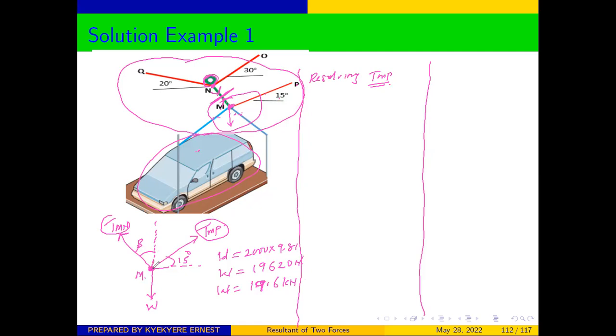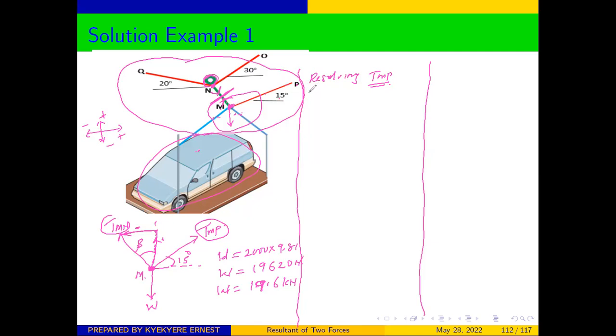Therefore, we are going to move up on Y like this, and if we are moving up, we say that it's positive. And then we are going to move this direction on the X. Don't forget that our directions are like this: this side is positive, this side is negative. So on X, moving in this direction, we are moving on the negative side. Therefore, our X component is going to be negative.